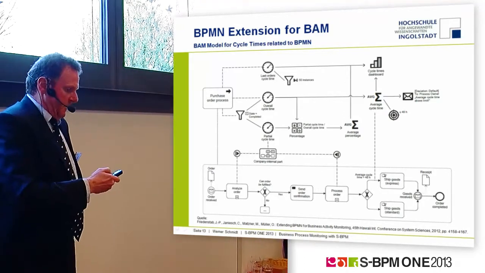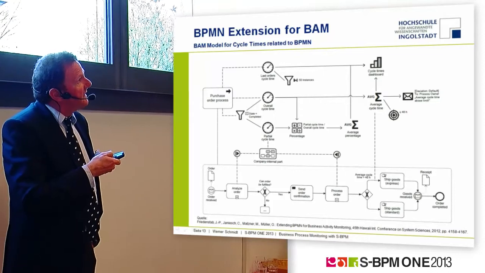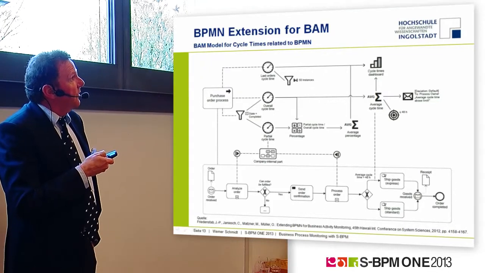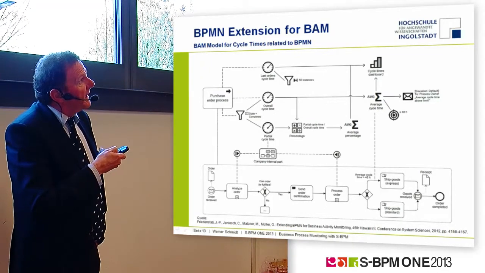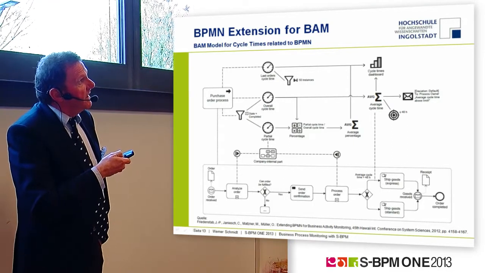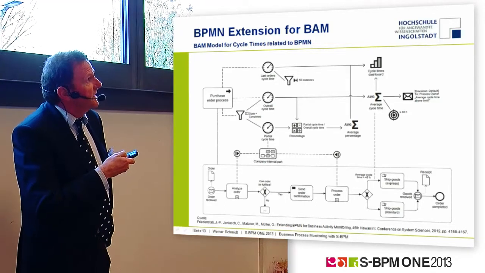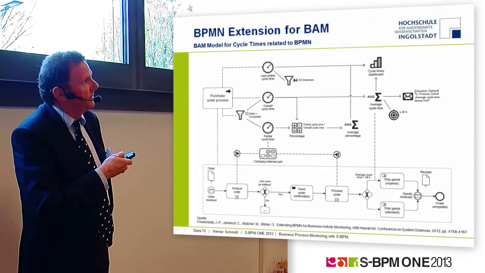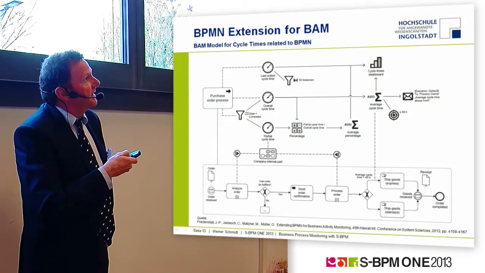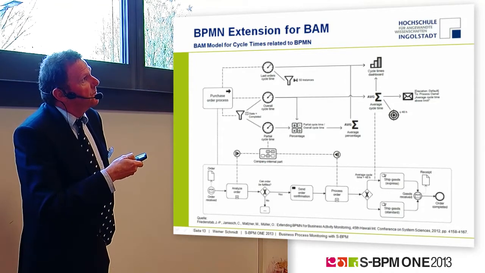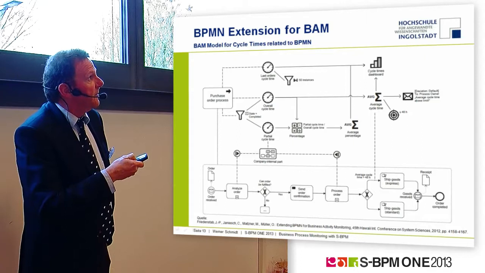And in the upper part, you can see this BAM modeling language now. For example, here you see a filter element with the last 50 instances of the purchase order process. In this case, the cycle time should be calculated and displayed on the dashboard.